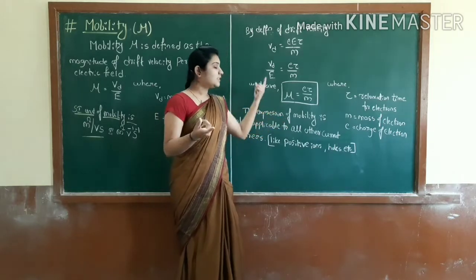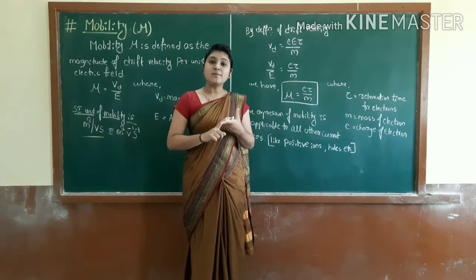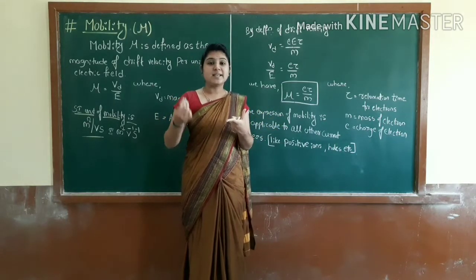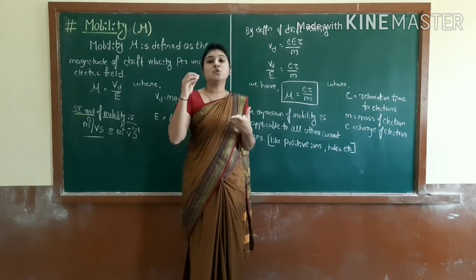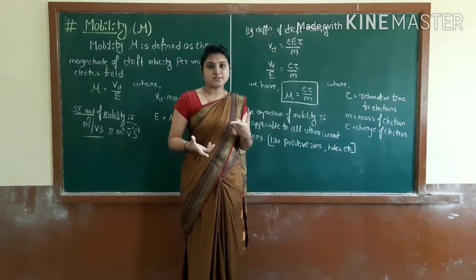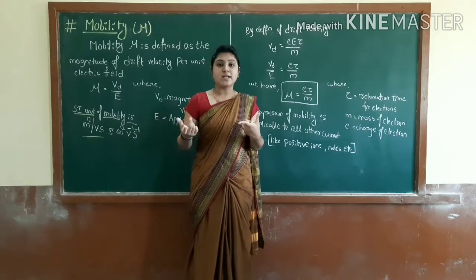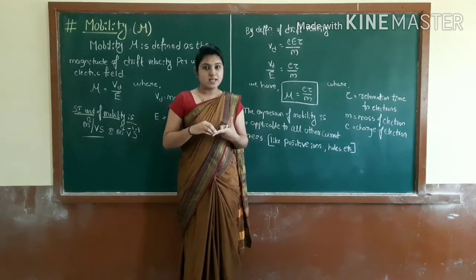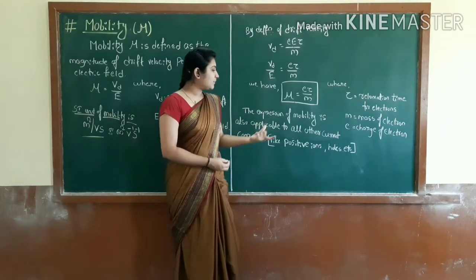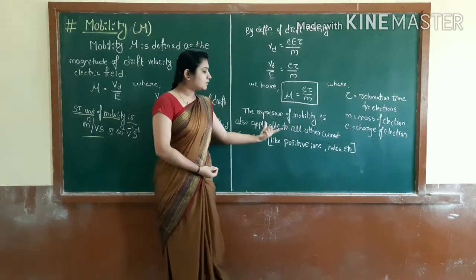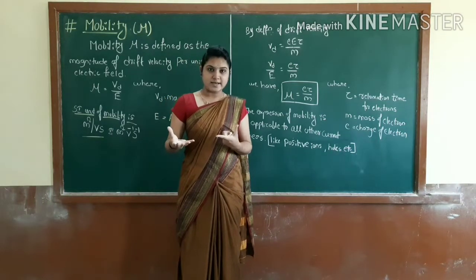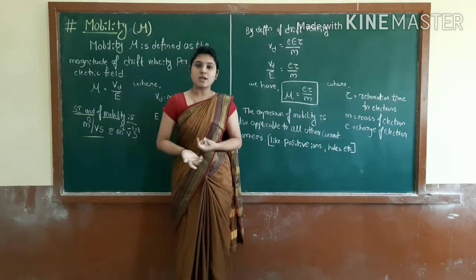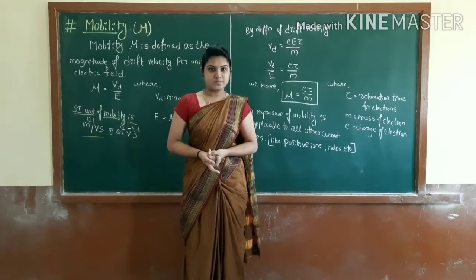So this mobility applies to Cl minus, that means negatively charged particles, but also to positive ions like Na plus, and then holes that come in the semiconductors. So this expression of the mobility is also applicable to all other current carriers, right students? So this is all about the mobility, correct?